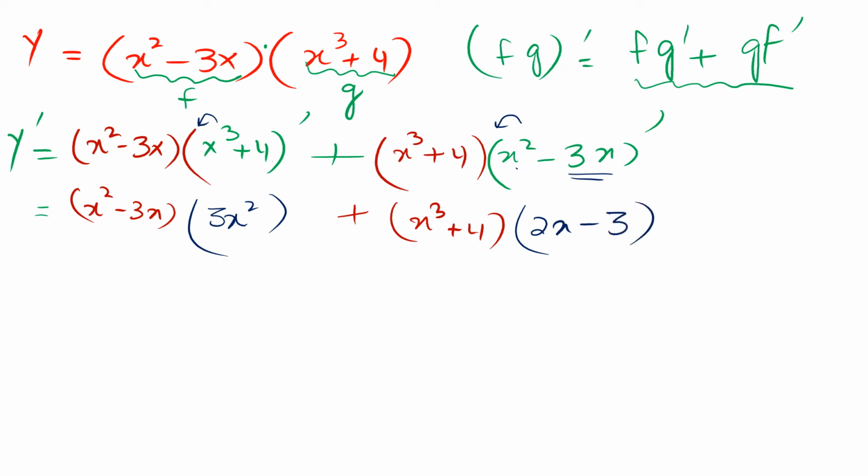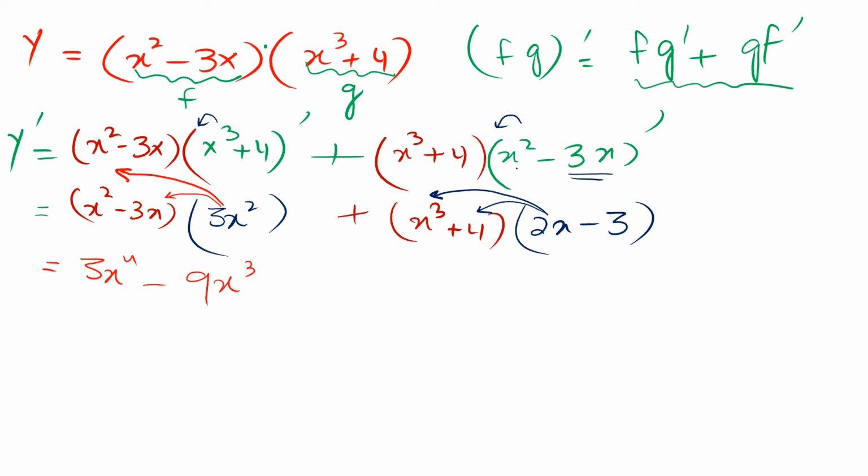Now simplify them by opening the brackets. Multiply 3x squared by x squared. You will get 3x to the power 4. Multiply 3x squared with negative 3x. So you will get negative 9x cube. Now in this case you will multiply 2x first with the x cube and 2x with the 4.